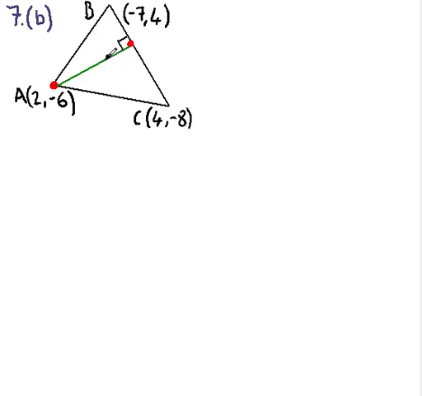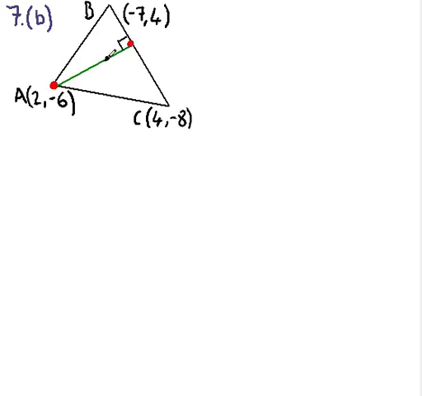That's going to be handy in a minute because the question asks us to work out the equation of this line, the altitude. In order to work out the equation of a line, we need a point and we need the gradient. So what we have at the moment is a point, this point 2, 6. What we don't have is the gradient.